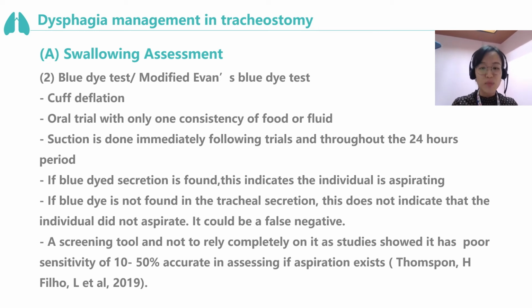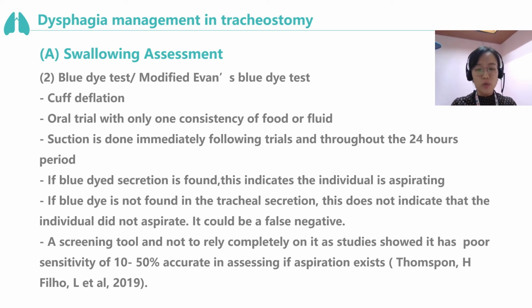It could be a false negative, meaning the patient is actually aspirating, but the blue dye doesn't show up in the secretion. In conclusion, the blue dye test is just a screening test and not to be relied on completely, because studies show it has a very poor sensitivity of 10 to 50% accuracy in assessing if aspiration occurs.